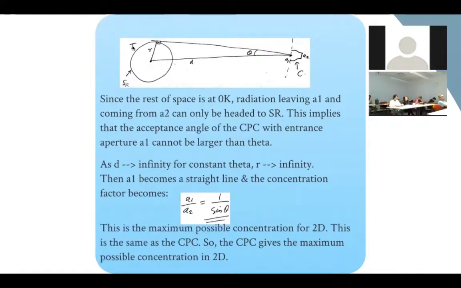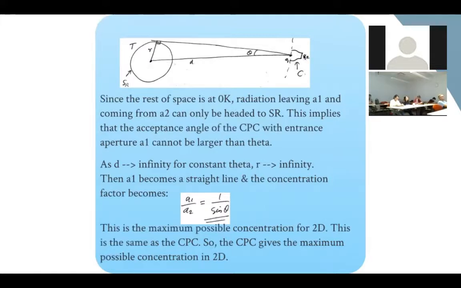And R becomes large, but that's not so important because D and R both increase at the same rate, so theta is constant. What that means is that this now, instead of being a large circle, becomes essentially so large that this becomes a straight line. So we lose the curvature here. Okay, then we see that A1 is simply not a curve, it just becomes a straight line, same as A2.